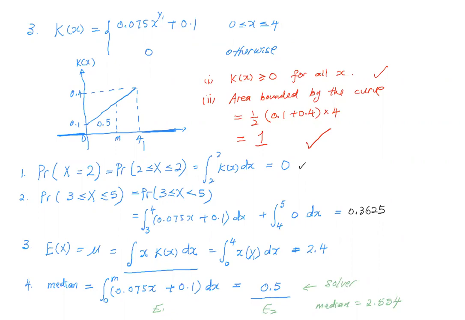How do I get the 0.5 there? Just now, what did I say? I said 50% of the values of X will be more than that number and 50% will be less than that number. That means if I count from 0 to M, the probability should be 0.5.